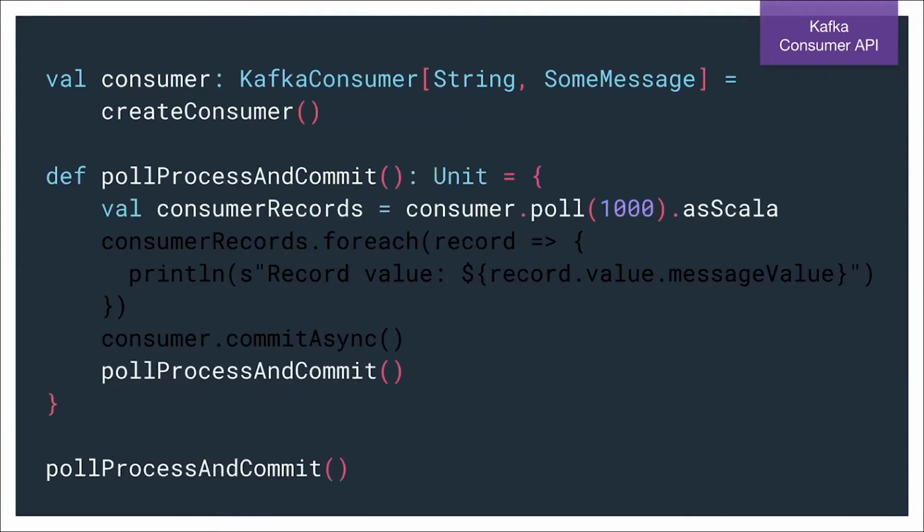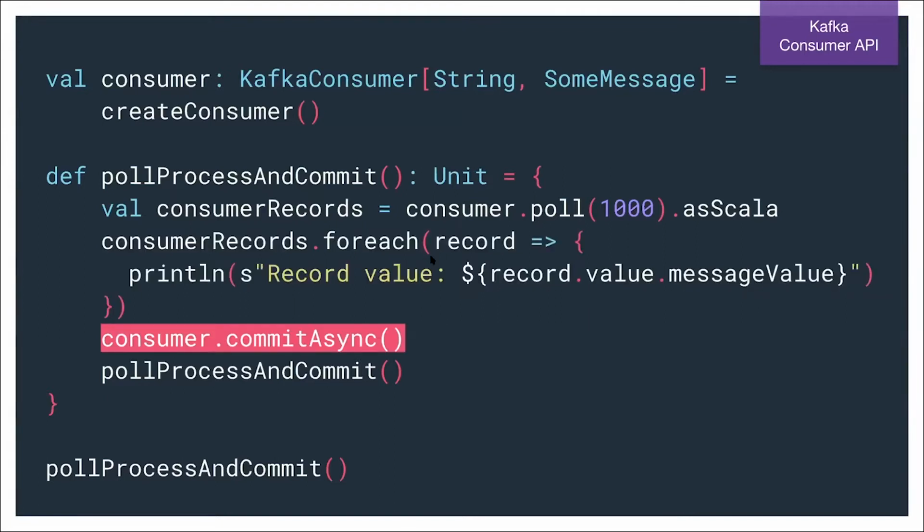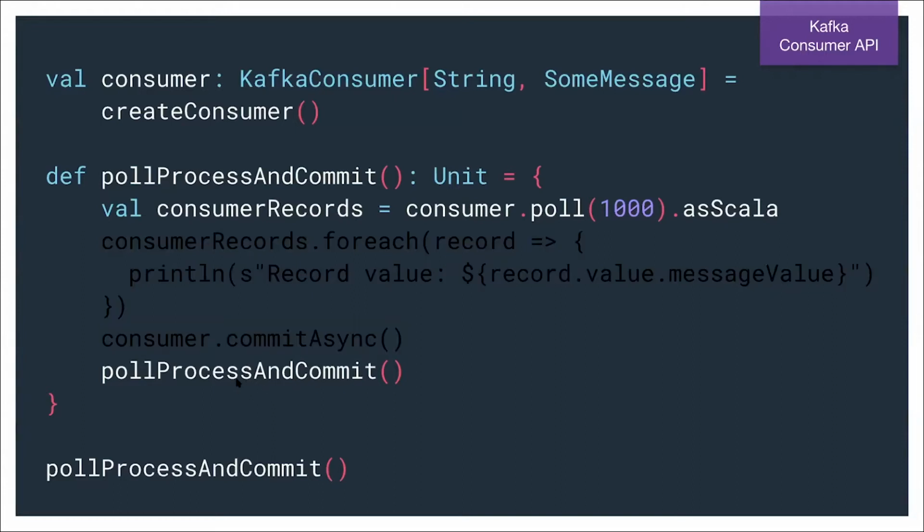And when you actually want to consume messages, then you call the poll method from the consumer, and you get back records. And then you probably do some processing for each of these records, and you call the poll, process, and commit methods again in a recursive style in Scala, probably.